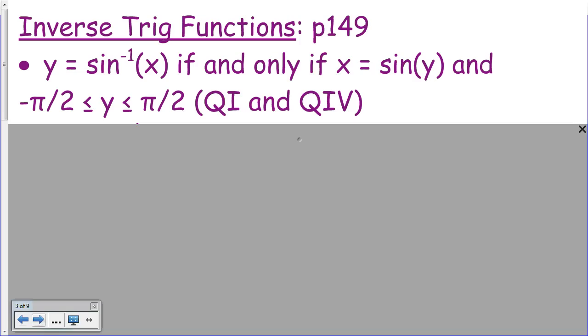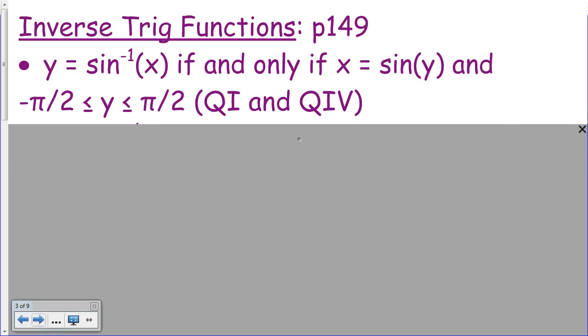And if you look at the quadrants there and measure angles in the 4 quadrants, if you're talking about an angle that's from -π/2 to +π/2, those angles will fall in quadrants 1 and quadrant 4. We'll look at the quadrants at the very end of this just to refresh your memory on that as well. But those are the two quadrants that this inverse sine function is defined on.